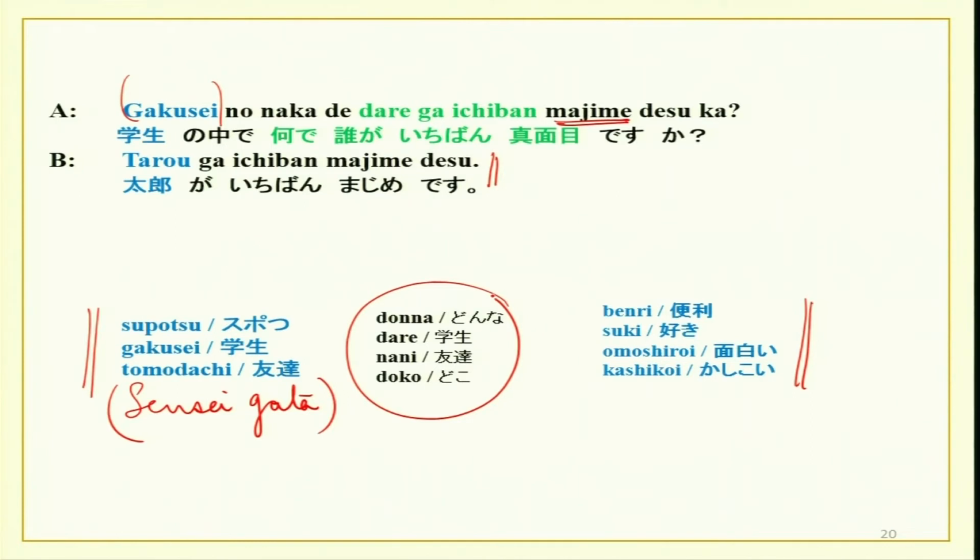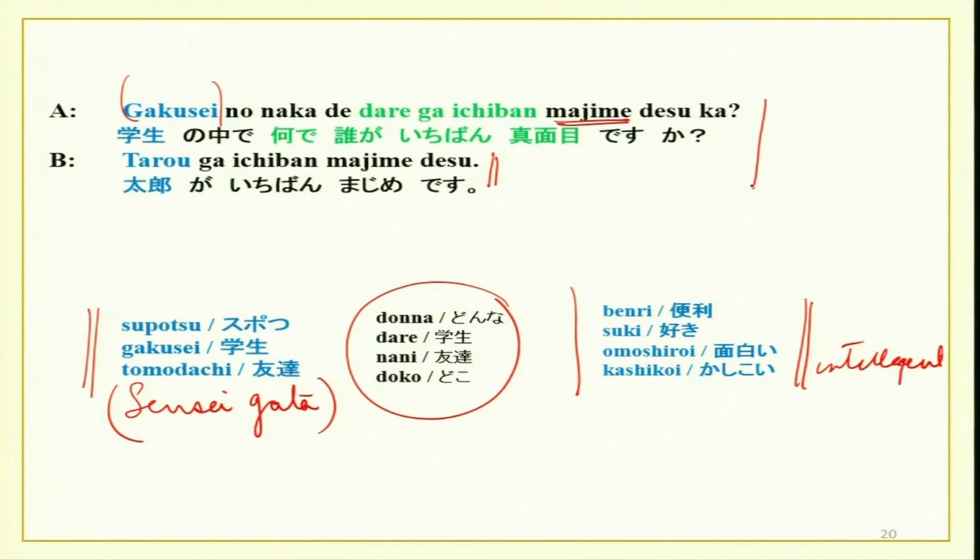You have just learnt all of this, so you can use and make good sentences with benri, suki, omoshiroi and kashikoi. Kashikoi is intelligent. So, you can practice with your partner. Ask questions like this and answer.